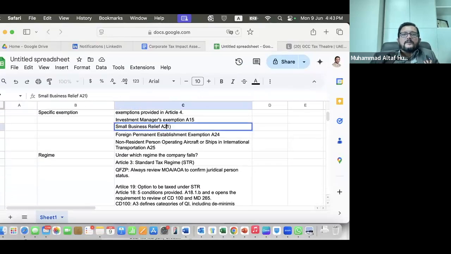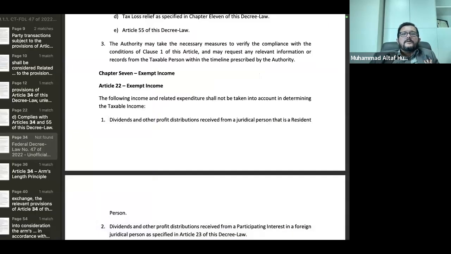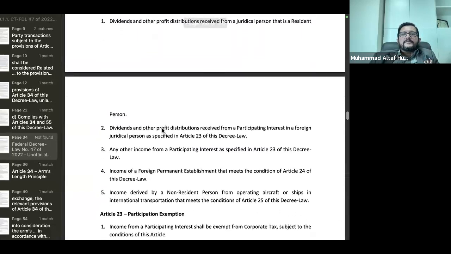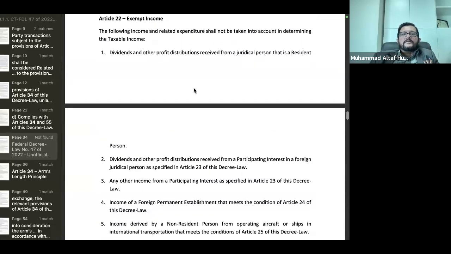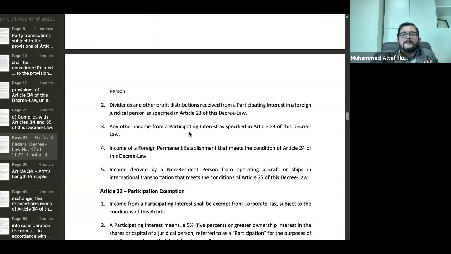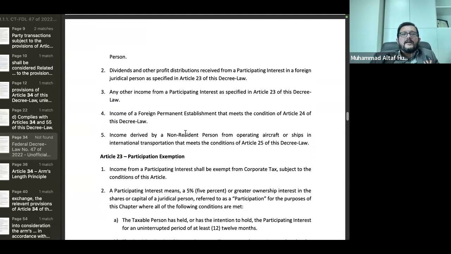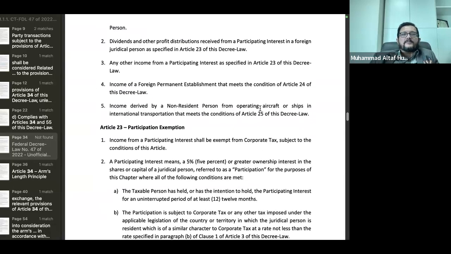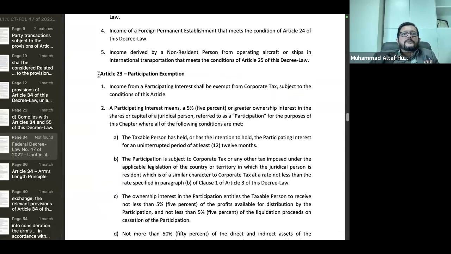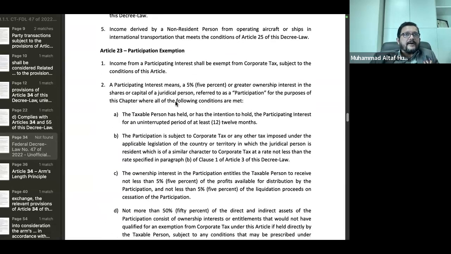Right, what else is there? Okay, exempt income, different types of exempt income have been identified. Dividend and other profit distribution, dividend, then participating interest, FPE has been covered, right? Income derived by a non-resident person from ships and aircraft. Then the most complex article of the entire UAE corporate tax decree law, Article 23, participation exemption, which when we actually find out is not very complex.